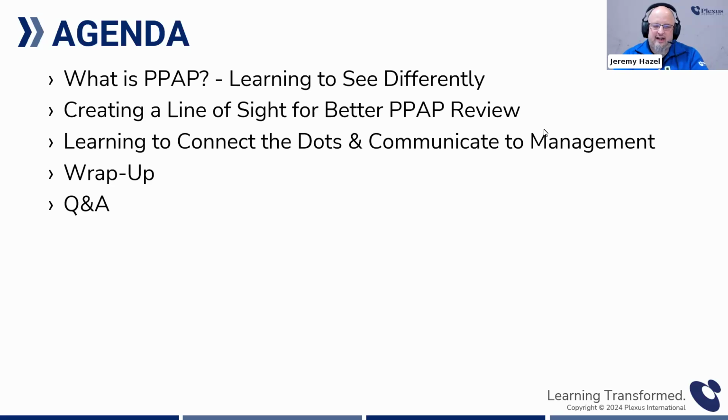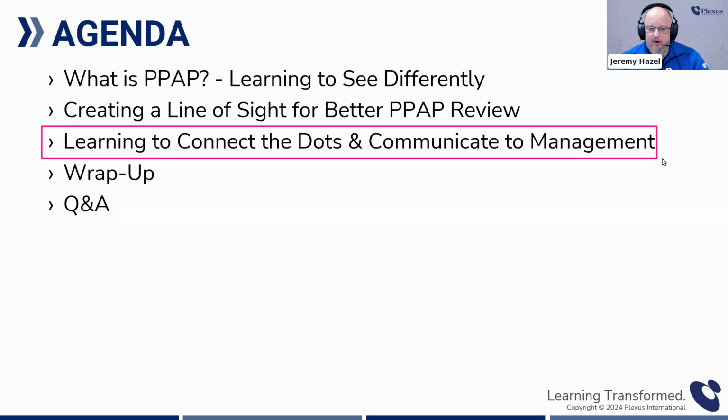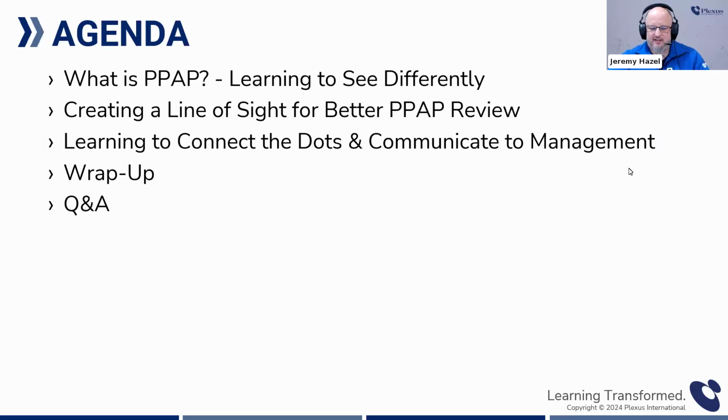Now, one of the areas that I really wanted to talk about when we think about the hour we're going to spend together, I want to show you as an SQE how to connect the dots and communicate to management. Because one of the things with supplier quality associates I see time and time again, and we go into dozens and dozens of companies a year, is a lot of very skilled technical people who cannot communicate what that PPAP is actually telling them.